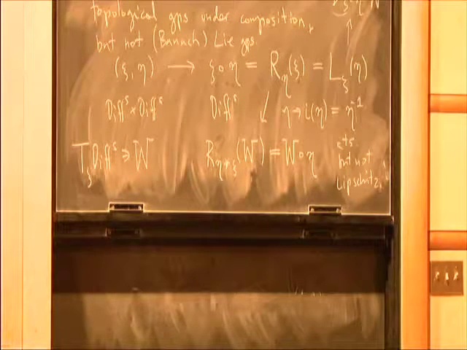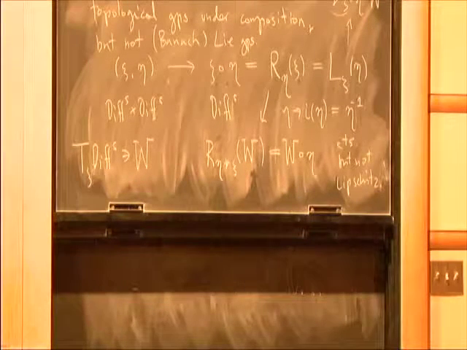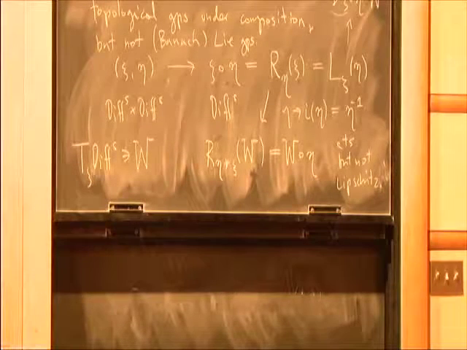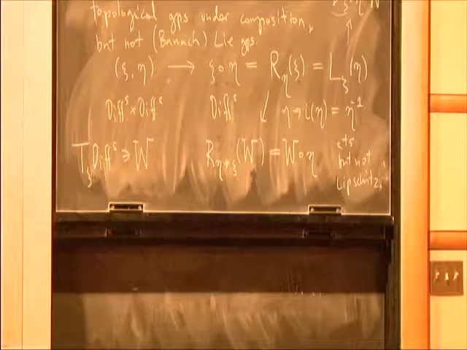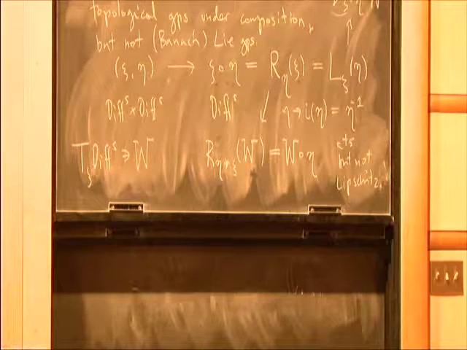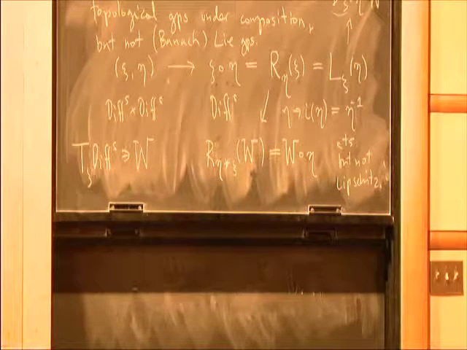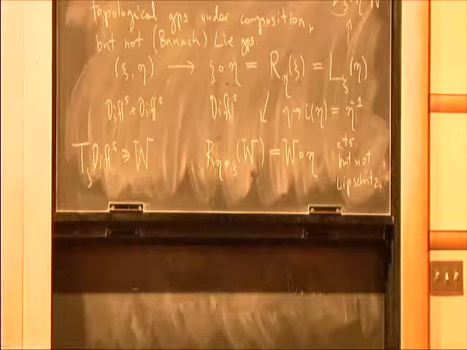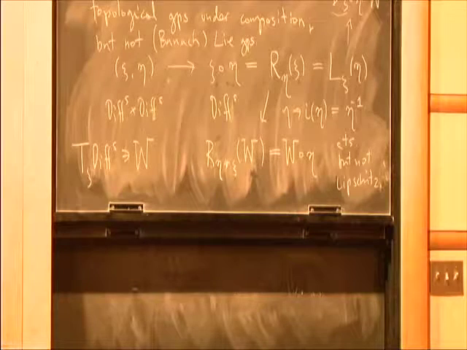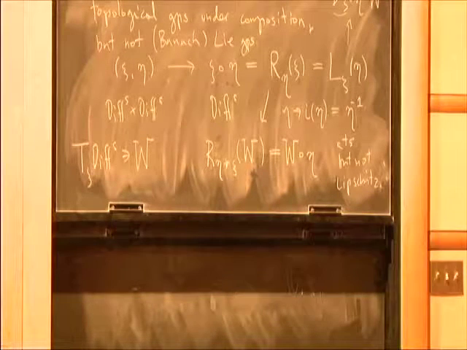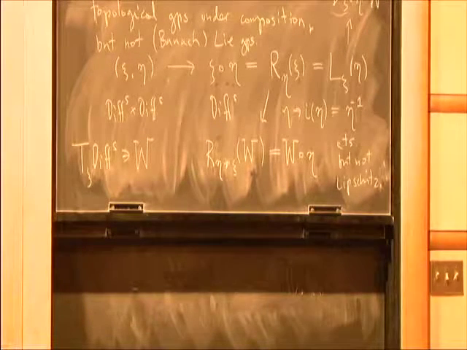All right, so now let me describe Arnold's observation from '66. What he did was to define a Riemannian structure on the group of diffeomorphisms. I'll do it the following way.